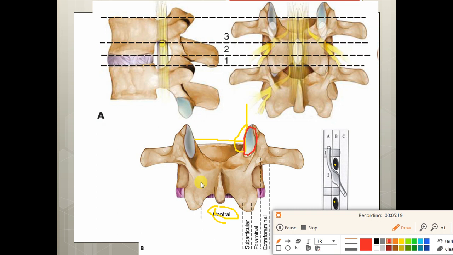In reality, in real life, all are compressing. You have central and lateral recess stenosis and so on, so I have to decompress.